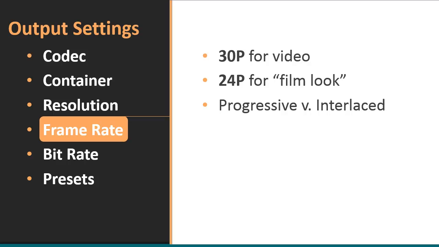Progressive scan frame rates look fantastic, and we want to make sure that we choose our project presets accordingly. In most cases, that's going to be 30p. If you want it to look a little bit more like film, you can choose 24p and accomplish that effect. Hollywood is continuing to push the envelope here.